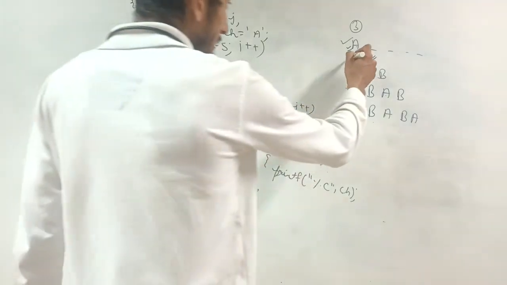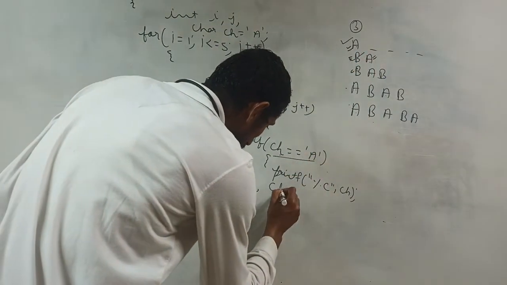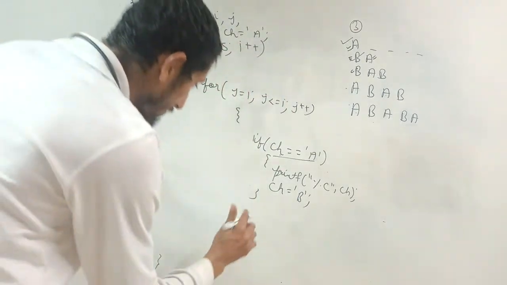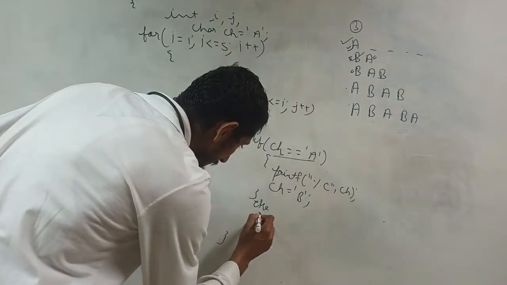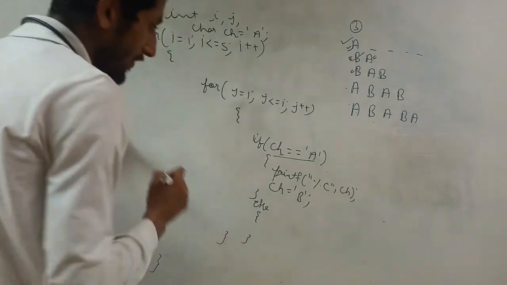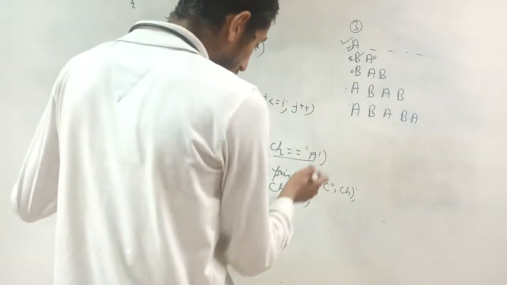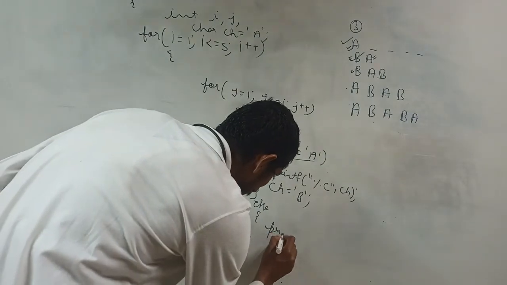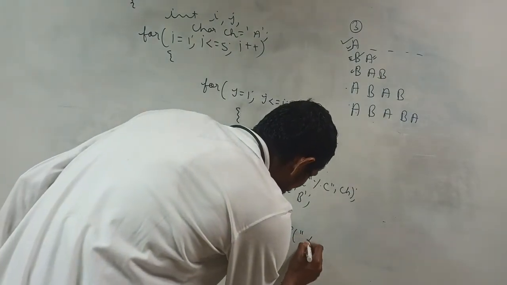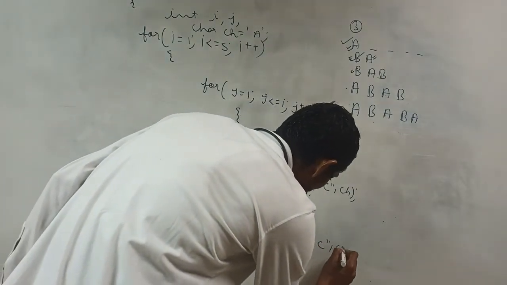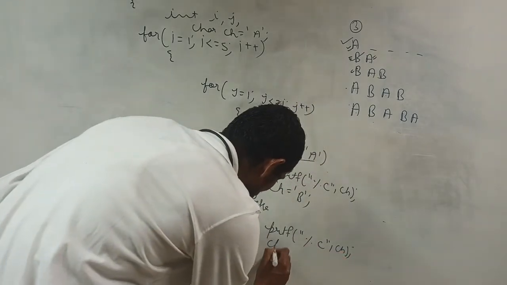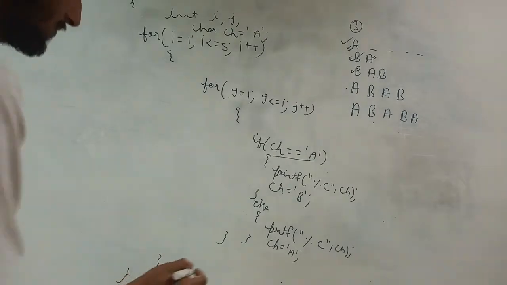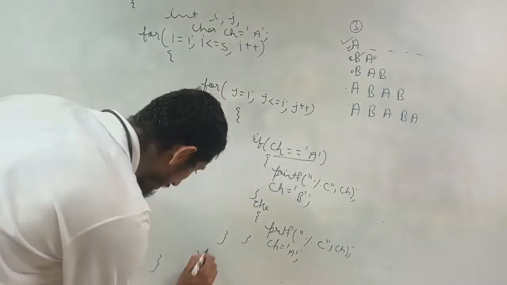Next time you have to print B, so you can change the value of ch to B. Now the else part. If the ch value is B, you print B, and you can change the ch value to A. You can put a slash n here.